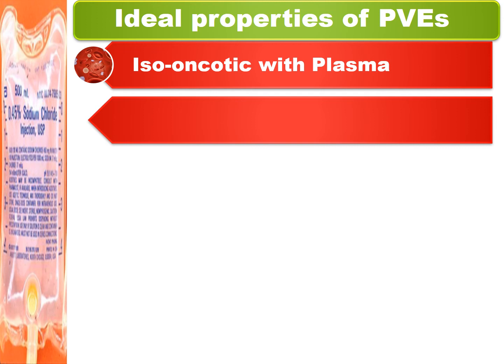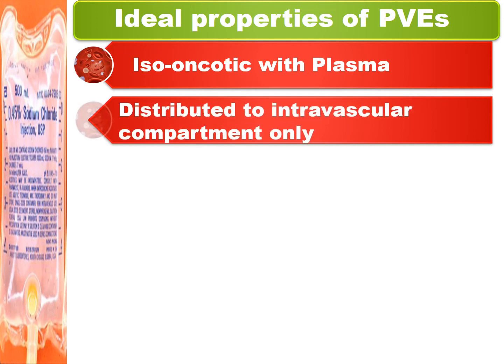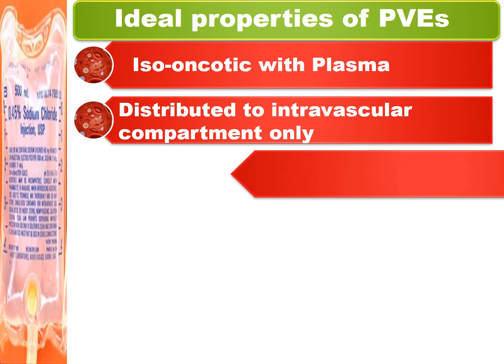The second ideal property is that plasma volume expanders should be distributed to the intravascular compartment only. Means they should remain in circulation and not leak out into the tissues or be too rapidly disposed.